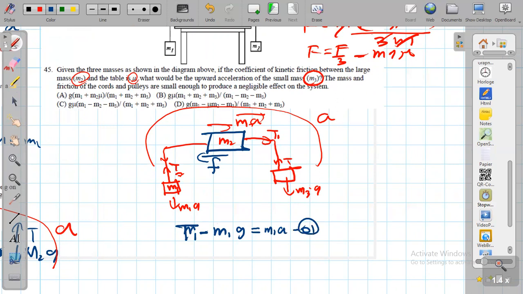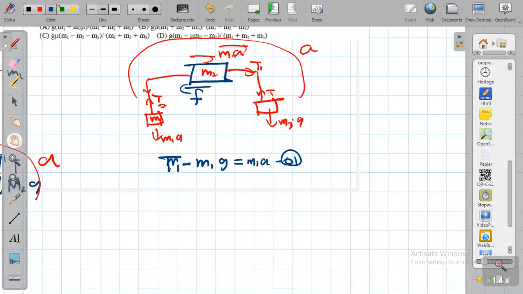Number one. For this one, T2 is the greatest force, minus T1 equals to what?